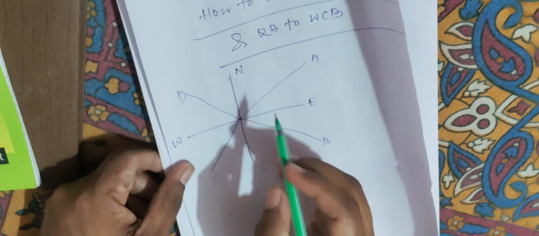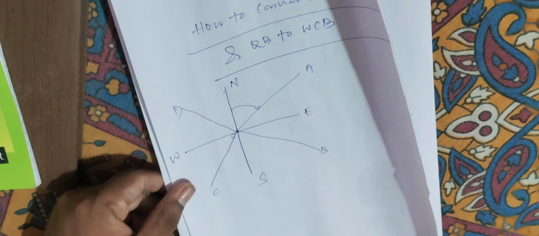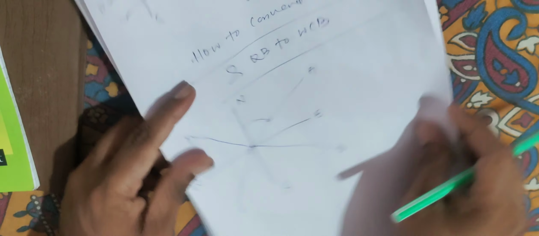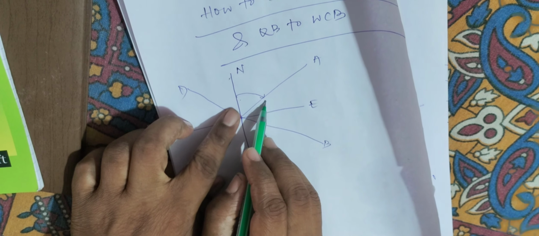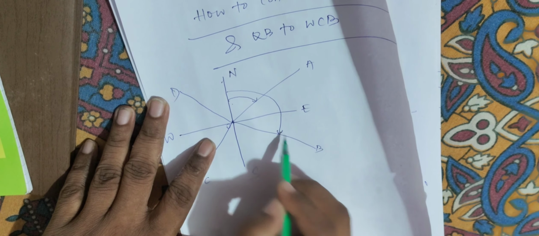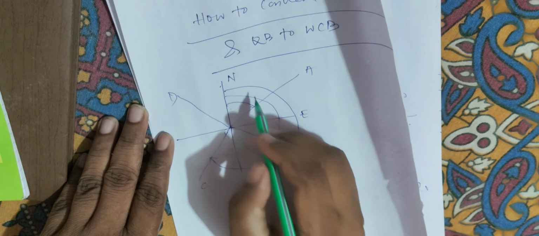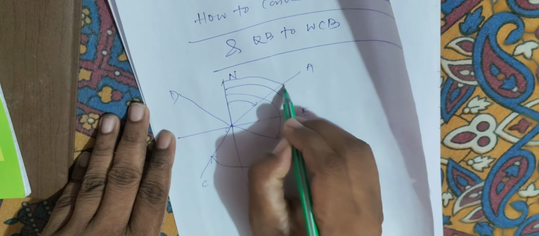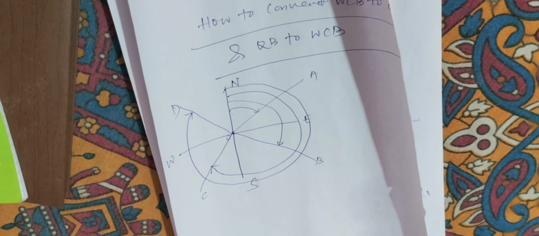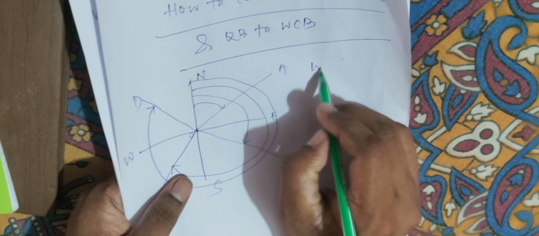Whole circle bearing will start from north. Whatever the quadrant, the line will start from the north. The first one is north to OA line, the second is north to OB line, the third is north to OC line, and the fourth is north to OD line. That is all about the whole circle bearing.